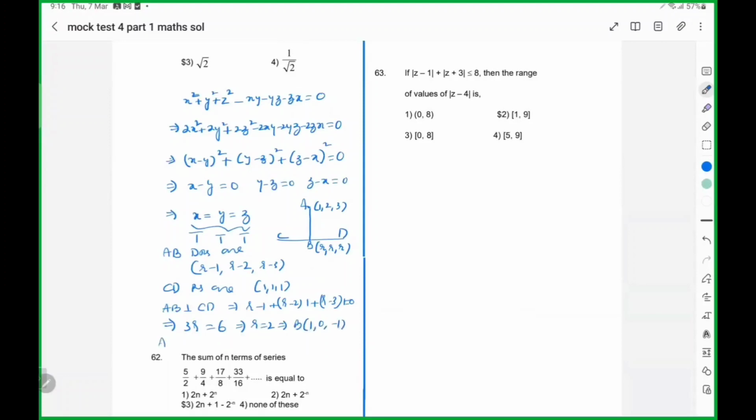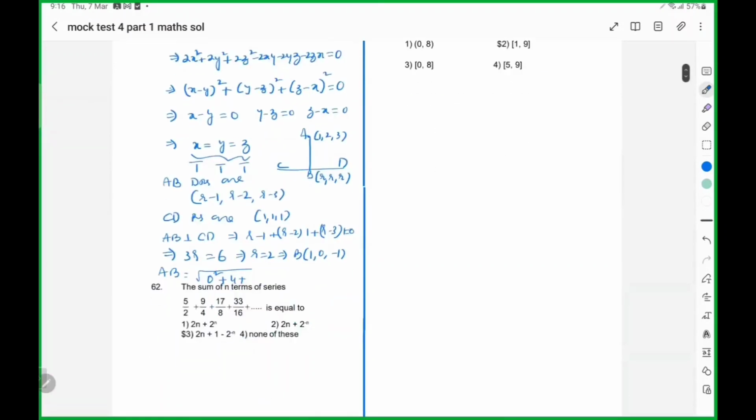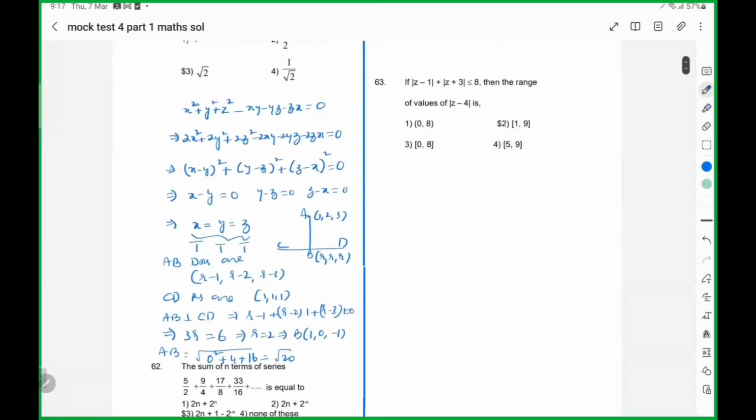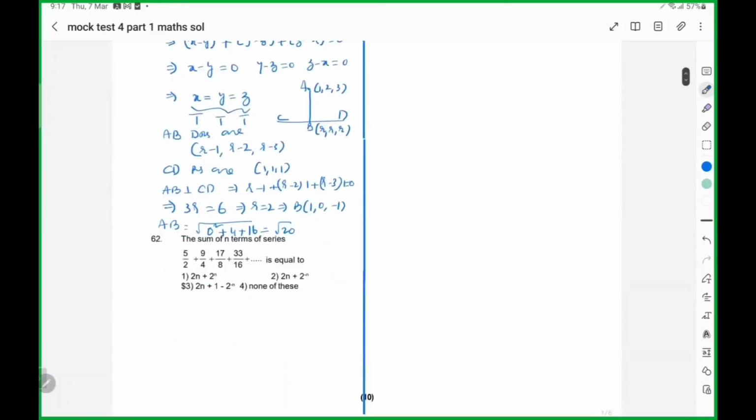Then the shortest distance is AB. One minute, let me check.